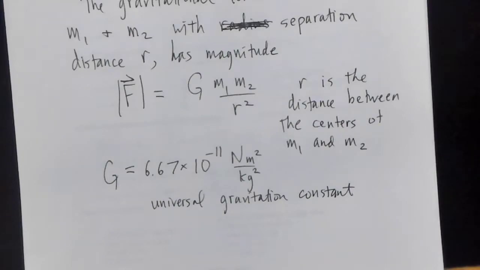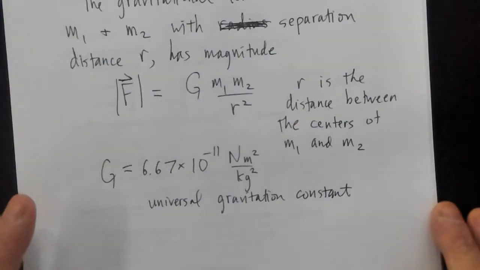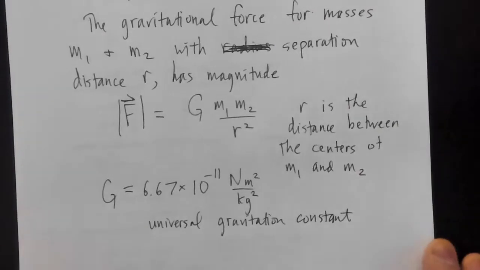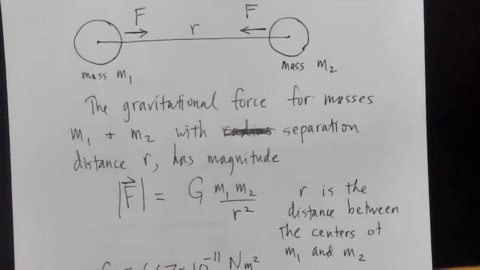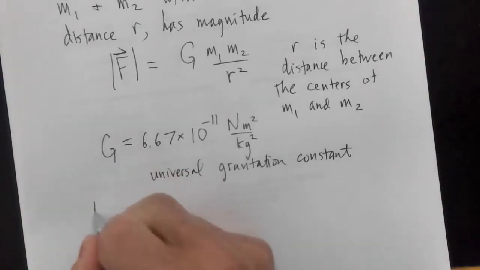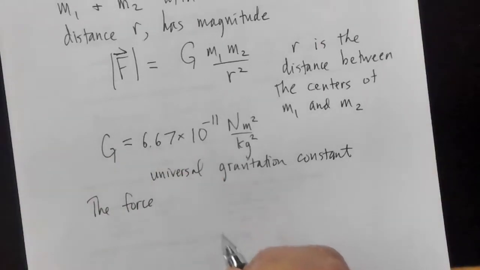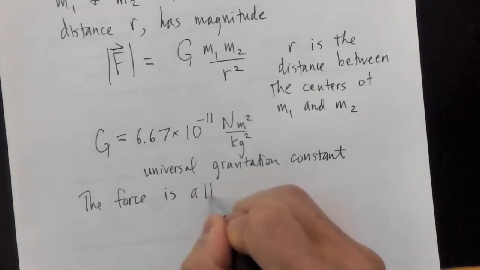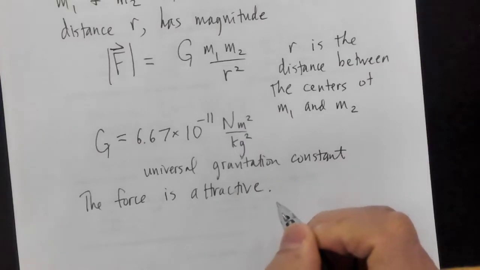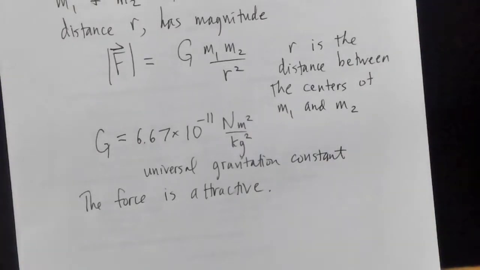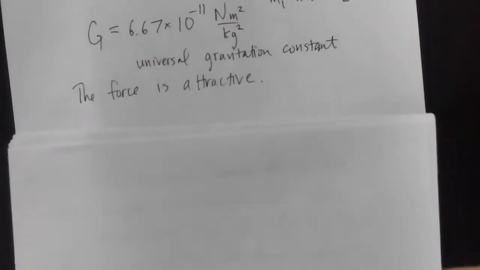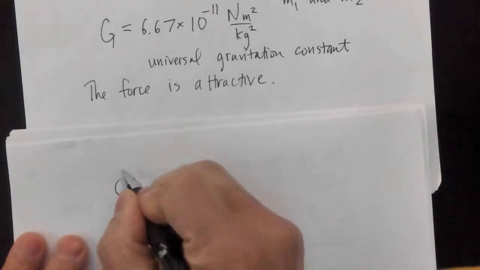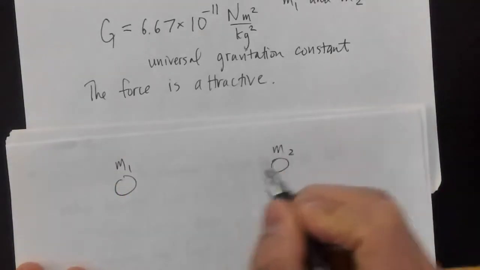Okay. Any questions about this? So that's the magnitude. The direction is already shown in the diagram. They just attract each other. So the force is attractive. And if you want to be very specific, you have M1 and then you have M2.